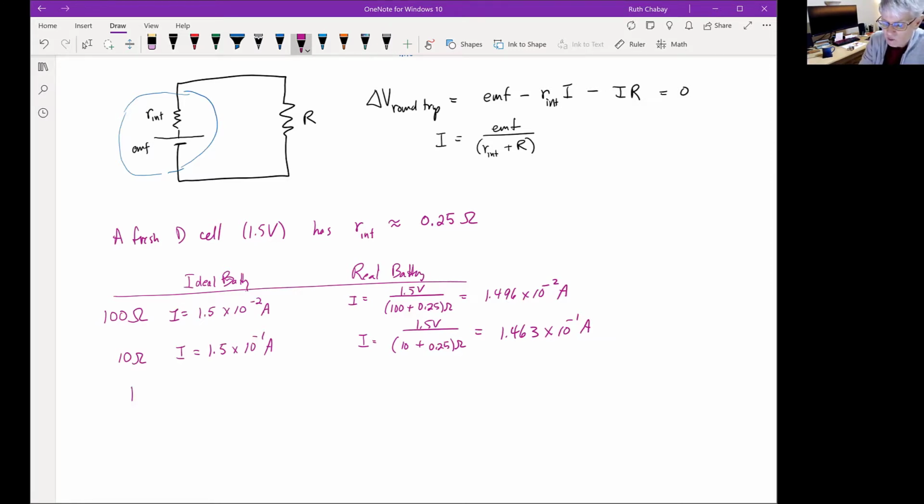But when we get down to a 1 ohm resistor, a small external resistance, for the ideal battery we predict 1.5 amps. For the real battery, it's 1.5 divided by 1.25 ohms, and we would really only get 1.2 amps.